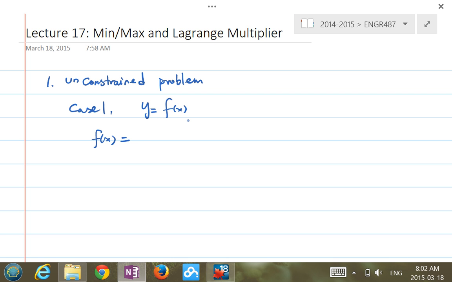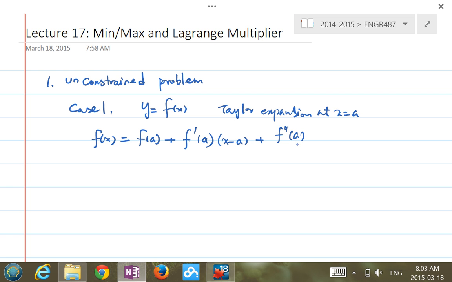So if I take a Taylor series expansion of this function at x equal to a, then f of x equals f of a plus the derivative f prime at x equal to a times x minus a, plus f double prime over 2 times x minus a squared, plus the rest of the higher order terms.